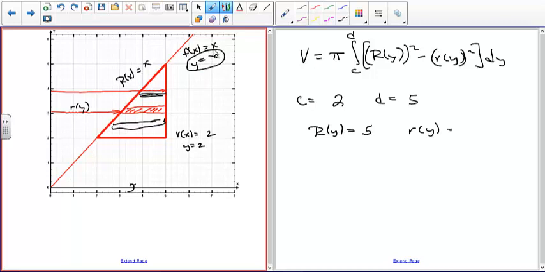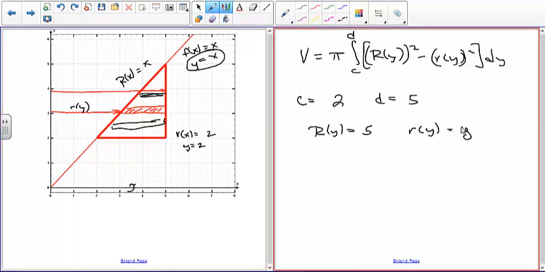So what if I rewrote that as x is a function of y, what would it be? X equals y. So the answer is y. In the previous problem, the outside radius was r of x, or y equals something, which is why we used x. In this case, it's the inside radius that's varying.